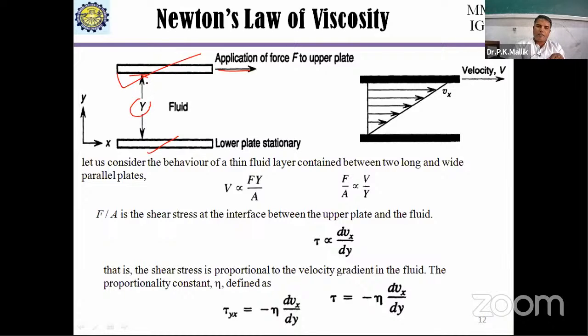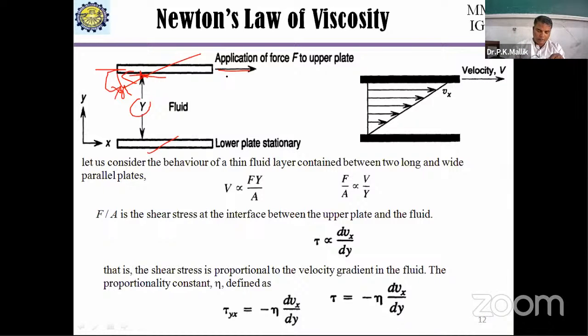Here is the stress at the interface between the fluid and the plate. So here the shear stress developed opposes the motion of the fluid, meaning the shear stress acts in this direction. This is known as tau yx.